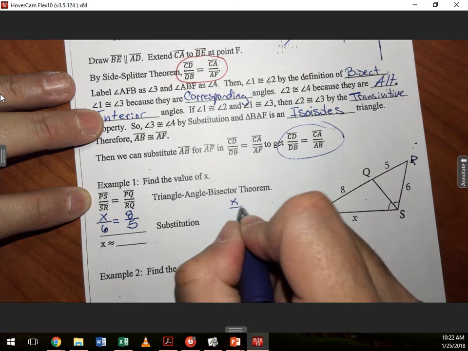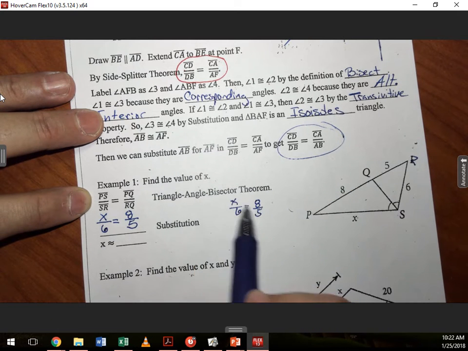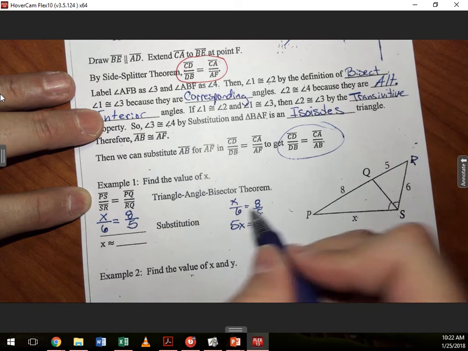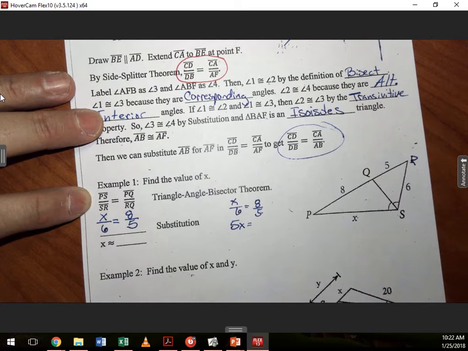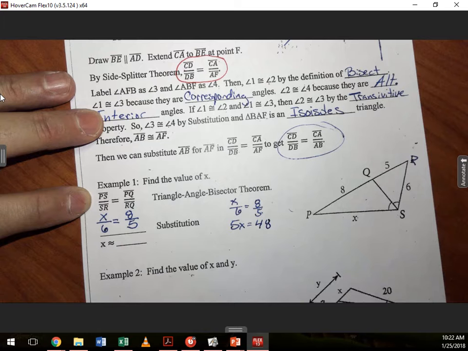So X over 6 equals 8 over 5. So do I cross products? I get X times 5 is 5X equals 6 times 8. 48. So I get 48, right?